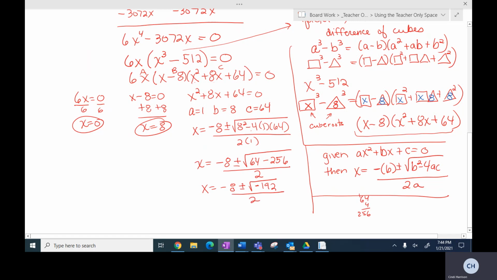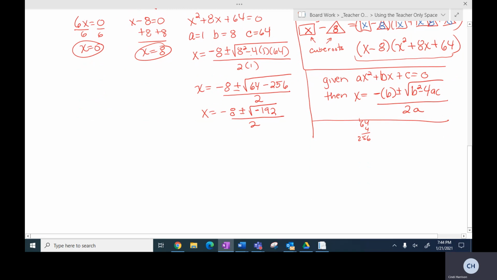And after all that, you think, oh, we must be done. But no, because now we have to simplify what we have under that radical. So I'm going to move it down a little bit so we can see it better. So the first thing you have to notice is that this number under the radical is imaginary.